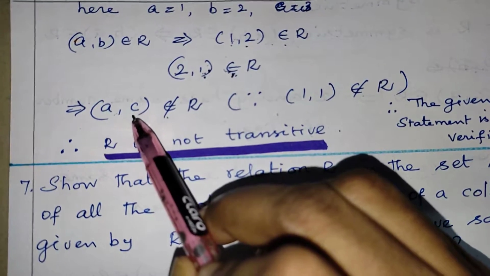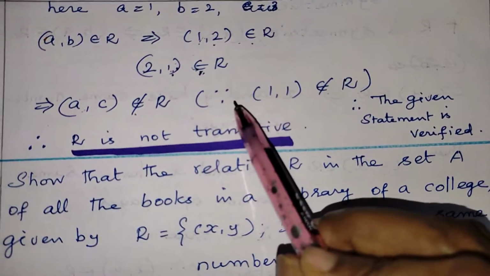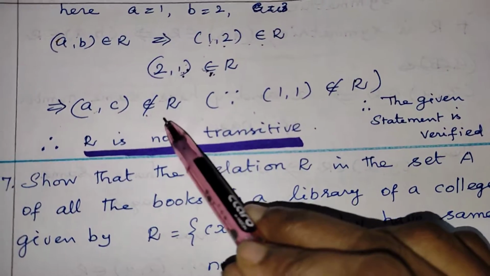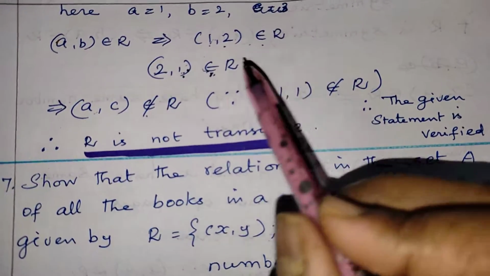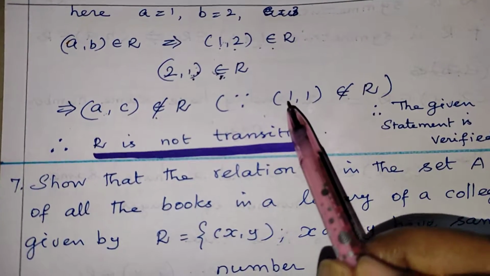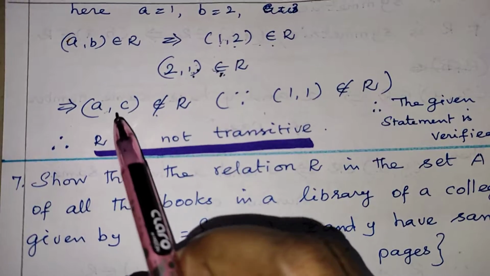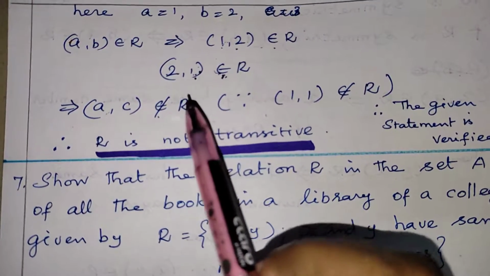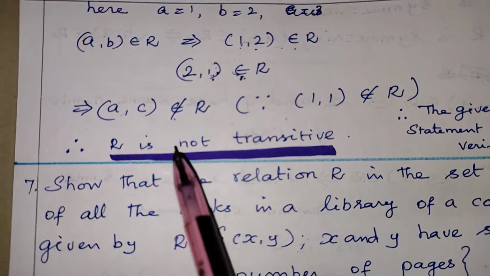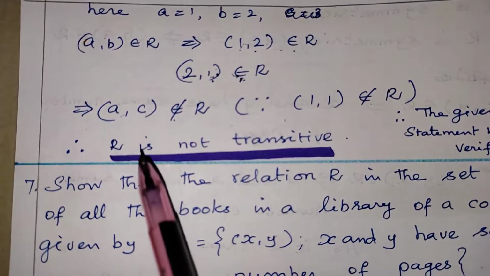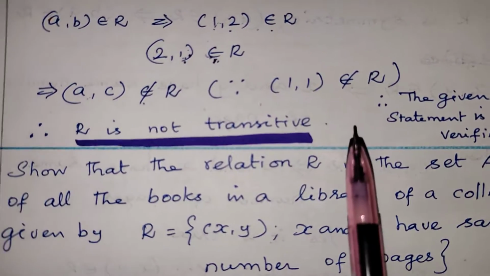That implies (a, c) does not belong to R. The reason for this statement is that (1, 1) does not belong to R. Since (1, 1) does not belong to R, we can write that (a, c) does not belong to R. Therefore we can say that R is not transitive. Therefore, the given statement is verified.